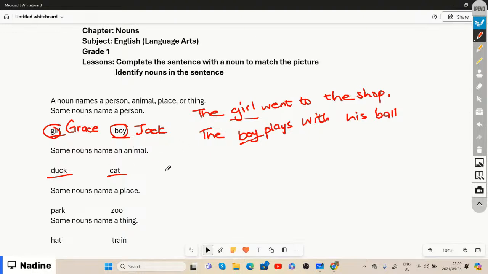We can say the cat jumped over the wall. So the cat is our noun that we have identified within that sentence. The duck swims peacefully. Those are the nouns that we have identified within our sentences.